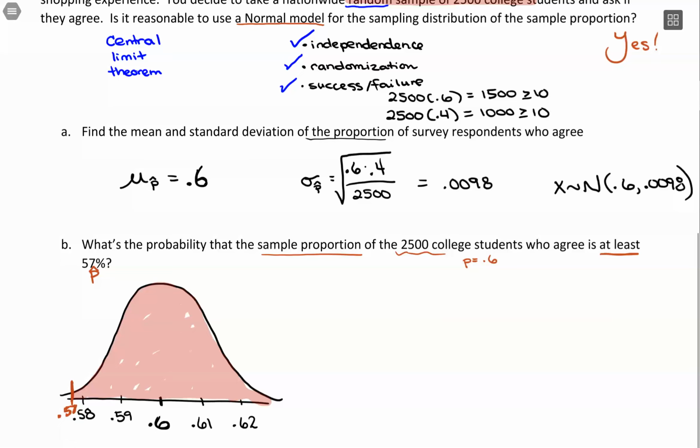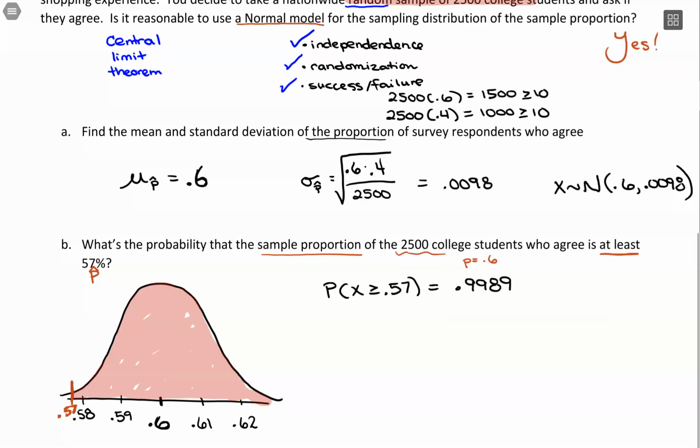So within GeoGebra, we got that this probability of seeing at least 0.57 is 0.9989. So now making our sentence, and this can be kind of a tricky part because we have a lot of percentages going around here. Something to take note of is a proportion. It's a percent of a sample.